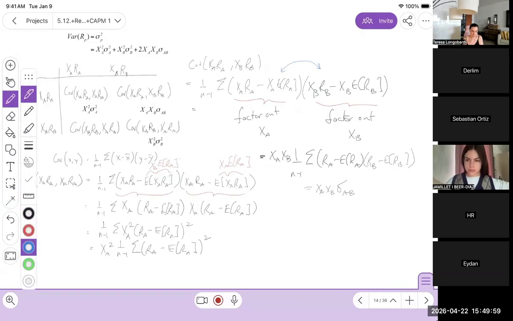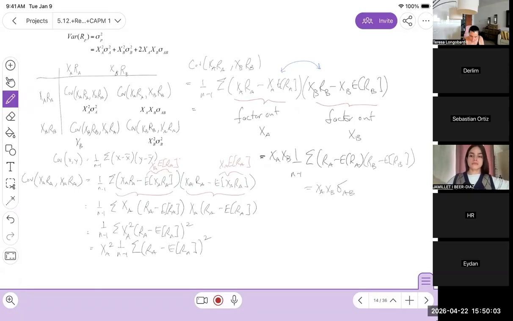Well, you could say I would get XB, XA, and sigma BA, but isn't it the same thing? Does it really matter if I put this bracket first or the other bracket first? No. When you're multiplying, what's the word? Associative property. You can move them around. So this is the same as this.